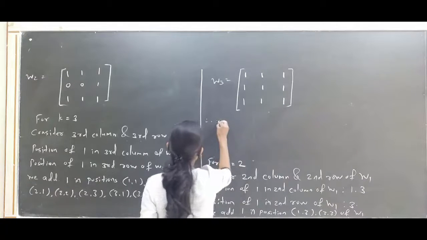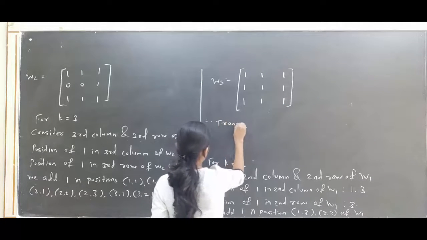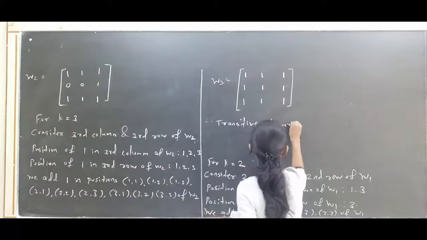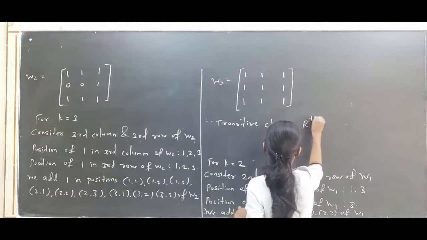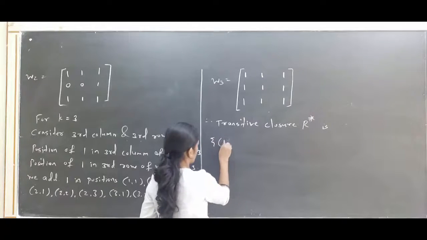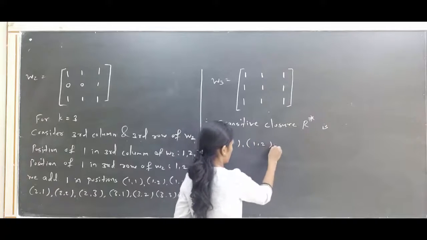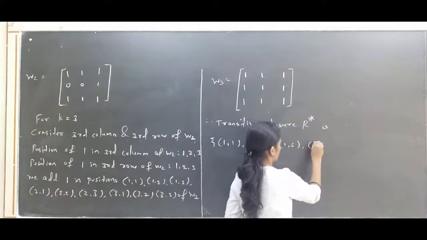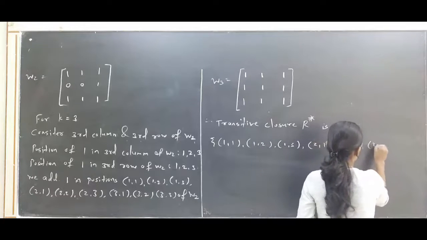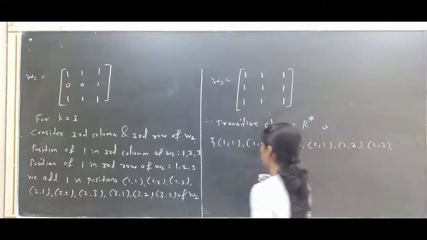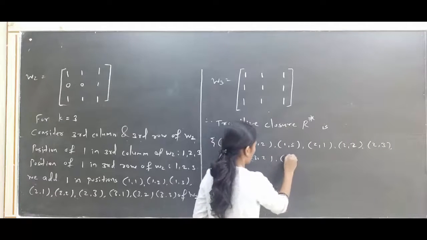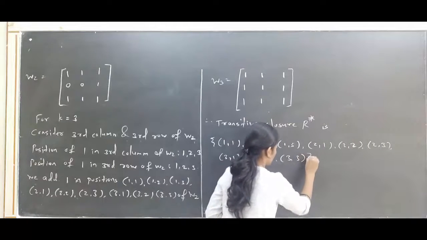So therefore the transitive closure R star is 1 1, 1 2, 1 3, 2 1, 2 2, 2 3, 3 1, 3 2 and 3 3.